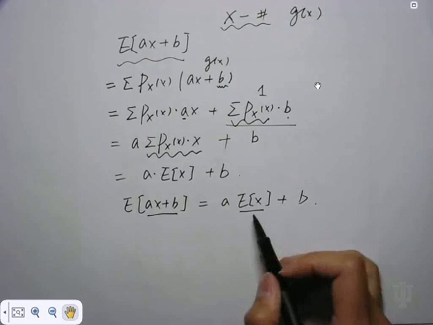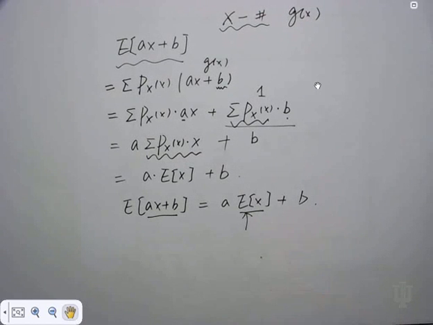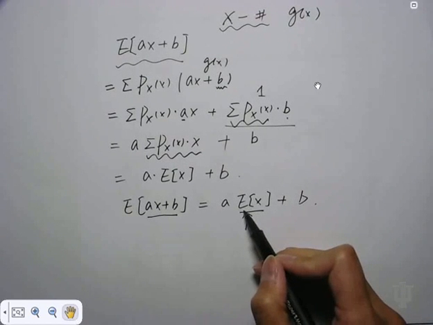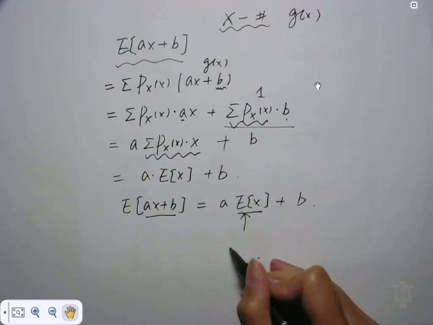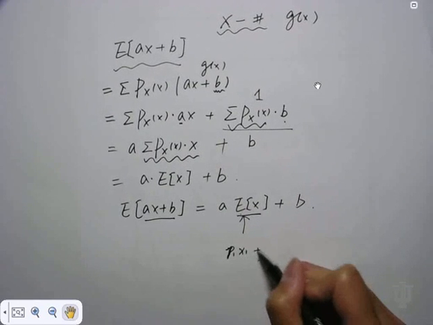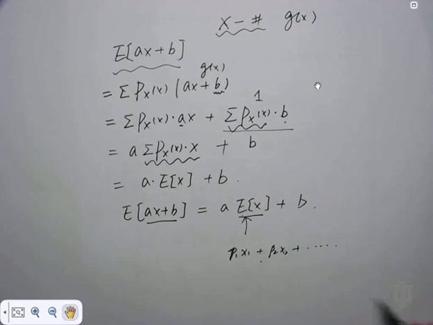We'll look at some examples, but think about that. Actually, when you do the expectation, this is a linear operator too, right? Because it's certain probability, p1 x1 plus p2 x2 plus, right?